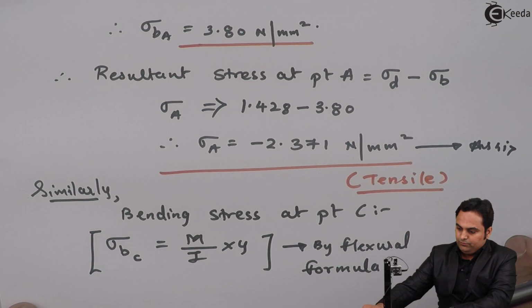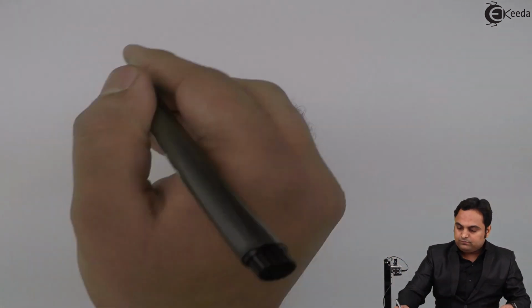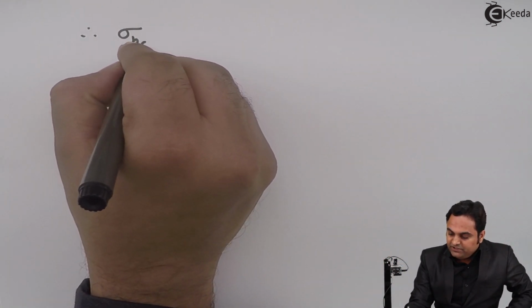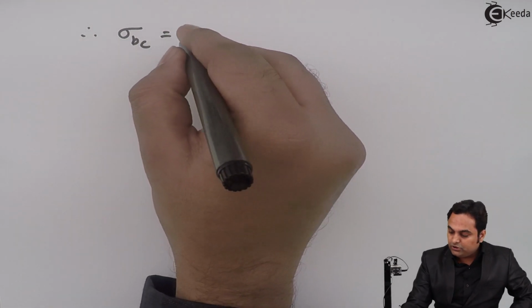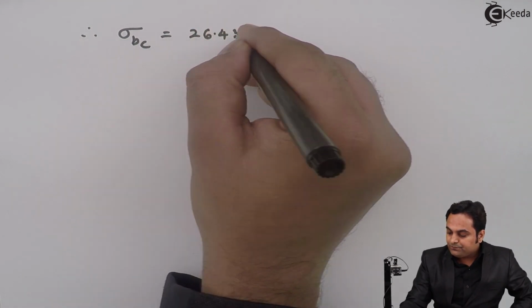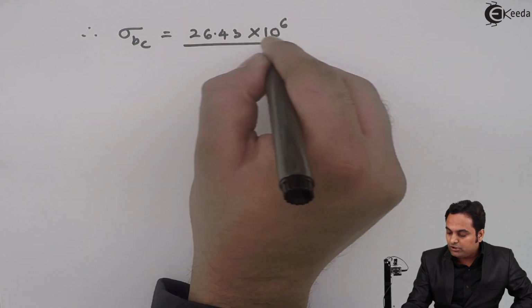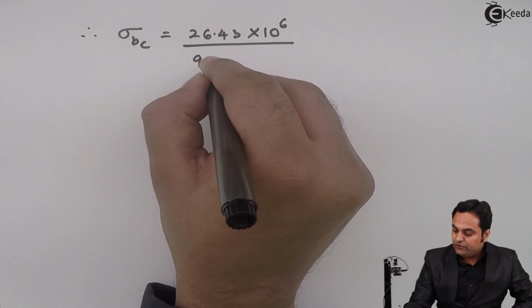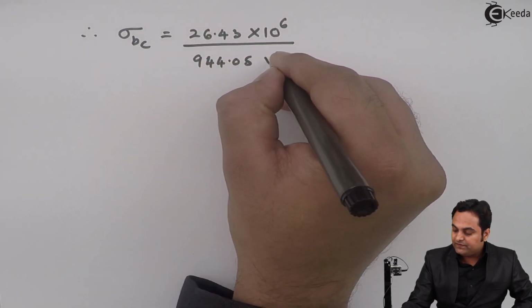So I'll put the values here: bending moment 26.43 into 10 raised to 6 upon I, 944.05 into 10 raised to 6.